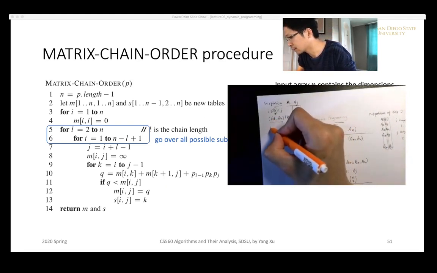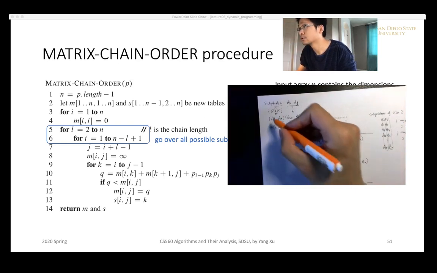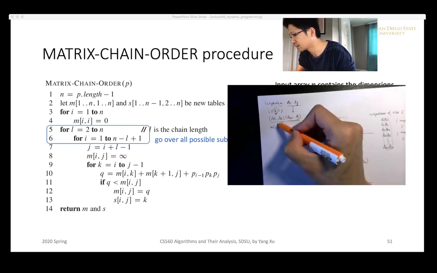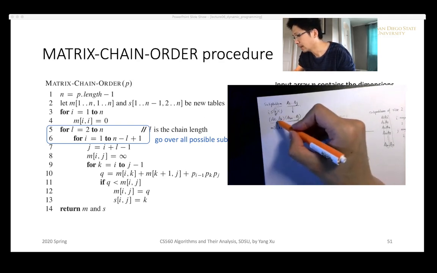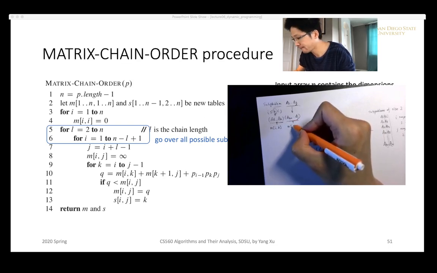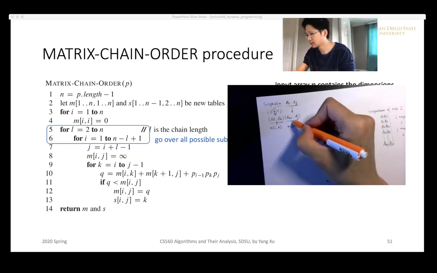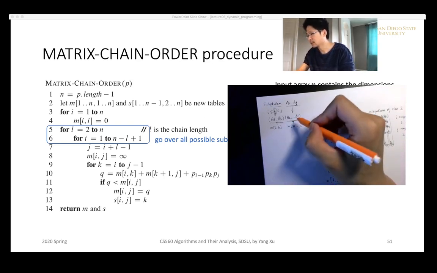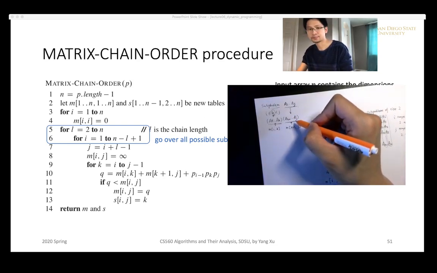Here we use M, I, K to refer to the solution of this subproblem, AI to AK. And the second subproblem is M, K plus 1, J, of optimally multiplying the subchain here from AK plus 1 to AJ.